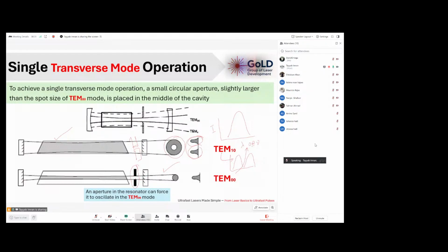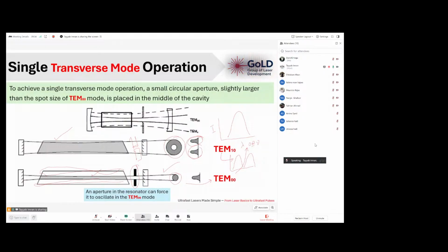So when it passes through this aperture and oscillates between the two mirrors of the cavity, at the output we get a nice beam and TEM mode. But there is a give and take. Most of the medium is not filled here, so we are only utilizing this center portion of the laser medium.